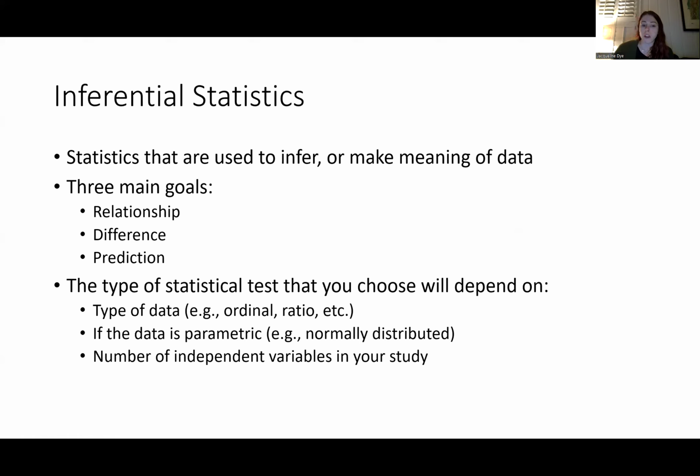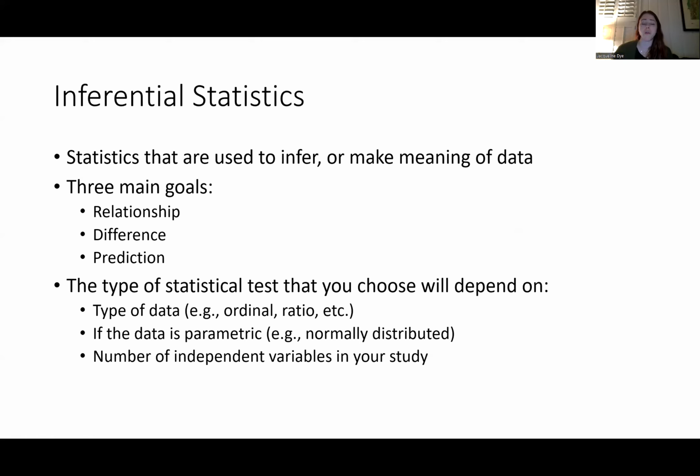It will also depend on if your data is parametric. So if your data is normally distributed, or if it's skewed, if it has a high level of kurtosis, you may need to use a non-parametric statistical test. And then your statistics will also depend on the number of independent variables in your study.